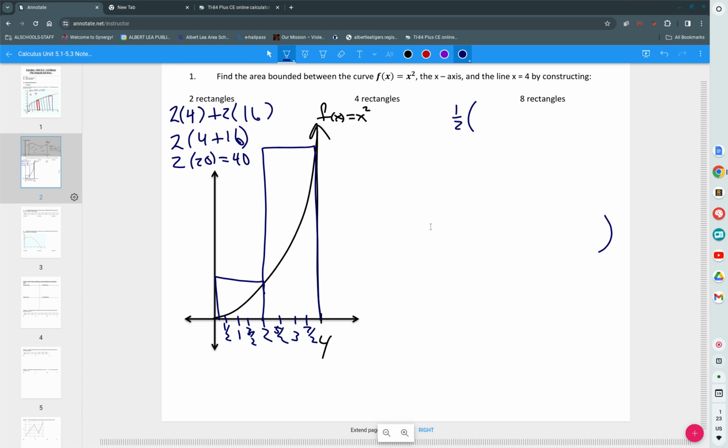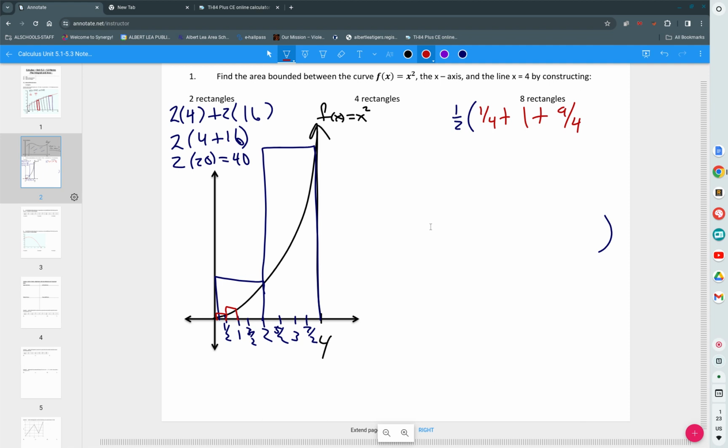So how would you calculate the first height? 1/2 squared. And when you square a half, you get a 4th. How do you calculate the second height? And 1 squared is 1. The third height? 3/2 squared is 9/4.